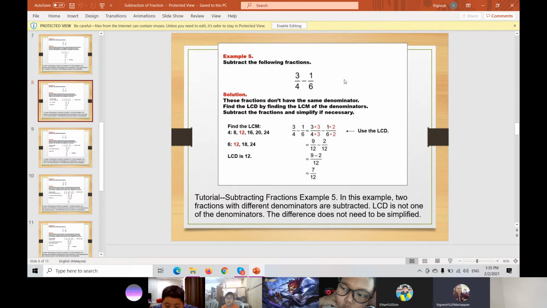So what is the answer? 14 over 24. So 14 you can divide with 2, 24 also can divide with 2. You will get 7 over 12. That's it. Can understand or not?